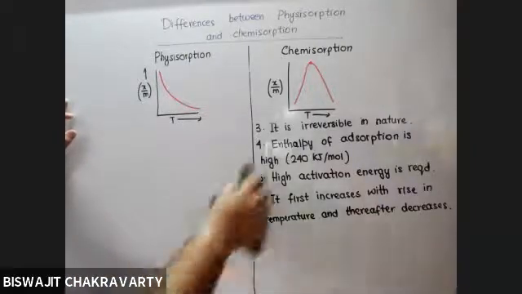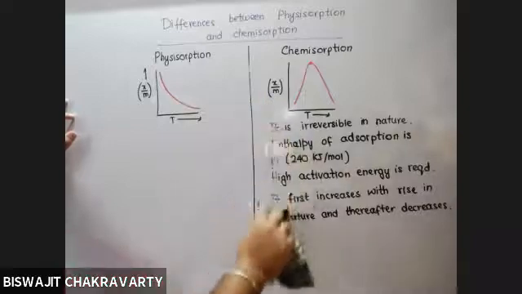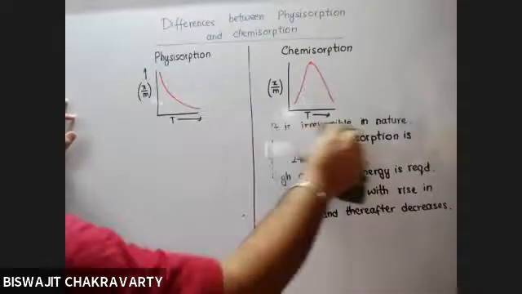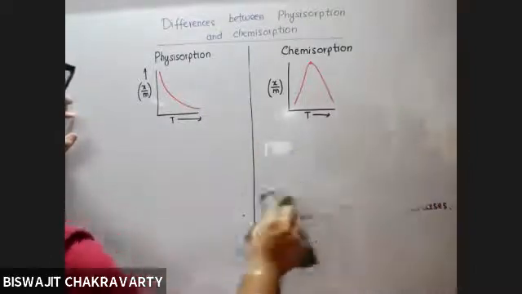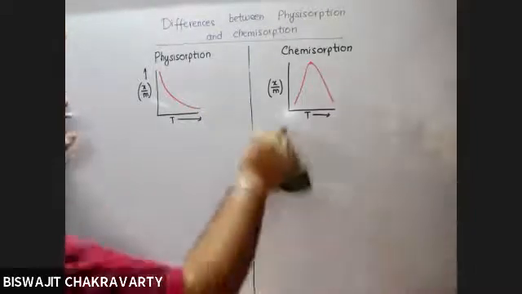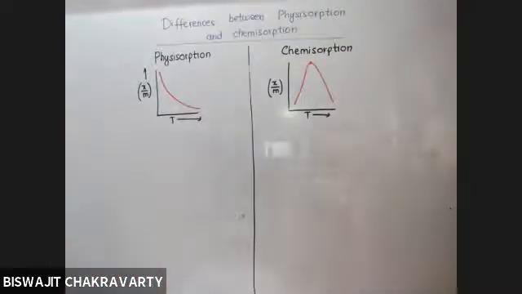Let us now move on to point number 7 and last. So they are more than sufficient if you are asked the question on differences between Physisorption and chemisorption.